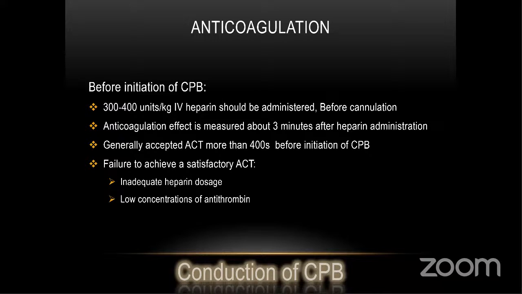So anticoagulation for and during cardiopulmonary bypass. Before initiation of cardiopulmonary bypass, before insertion of the arterial or venous cannula, 300 to 400 units per kg of IV heparin should be administered, and the anticoagulation effect of the administered heparin is measured about 3 minutes after heparin administration, generally using the ACT.